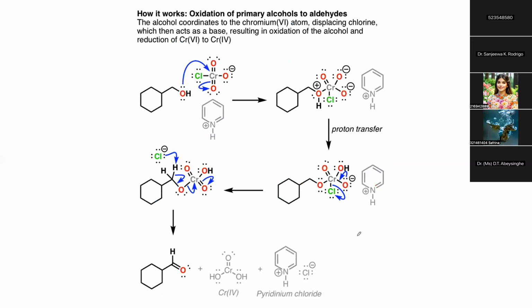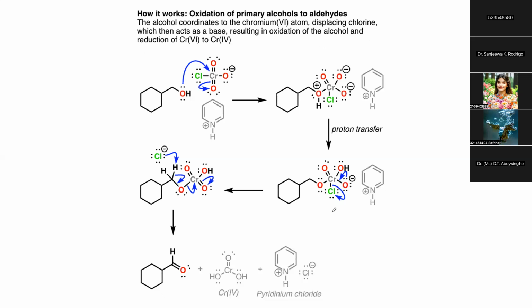Pyridinium chlorochromate is an oxidizing agent, and when you have alcohols, primary alcohols are oxidized to aldehydes using PCC, and this is the mechanism. We're not going to go through the whole mechanism, but I included this so that you know what PCC does.